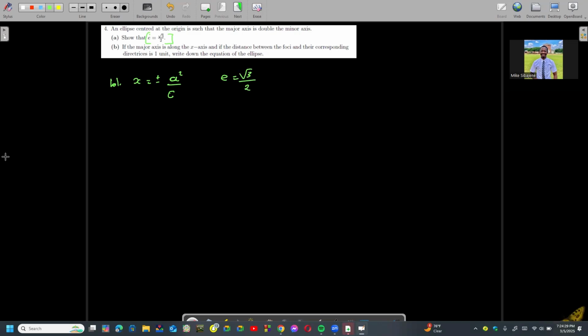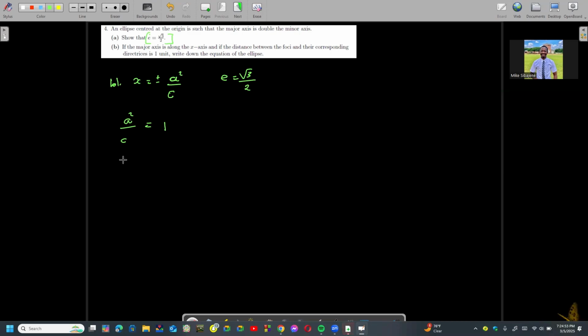So now I know that the distance between the focus and its directrix is given by a squared over c, which is equal to 1.